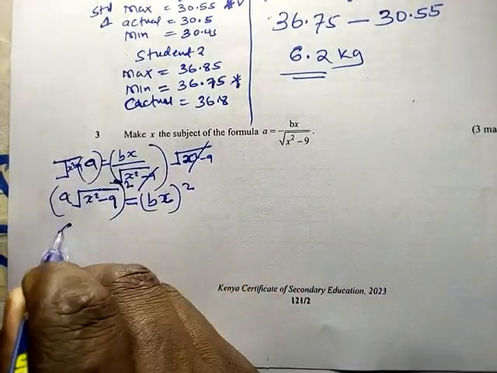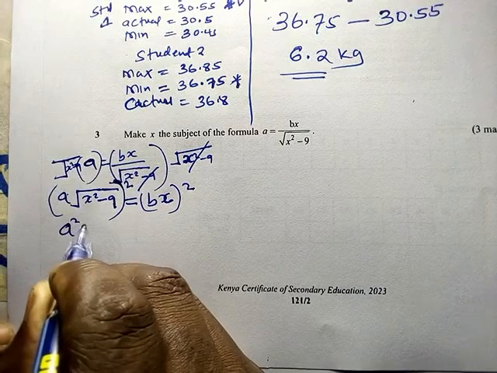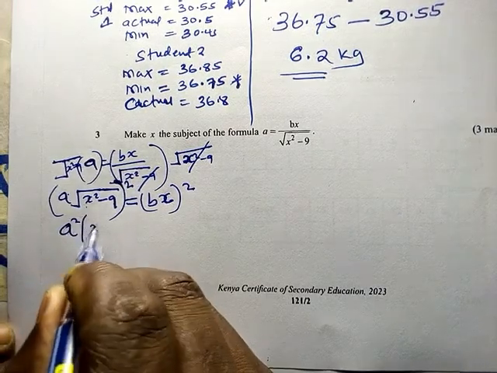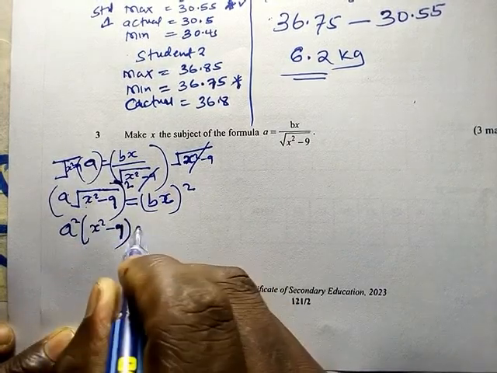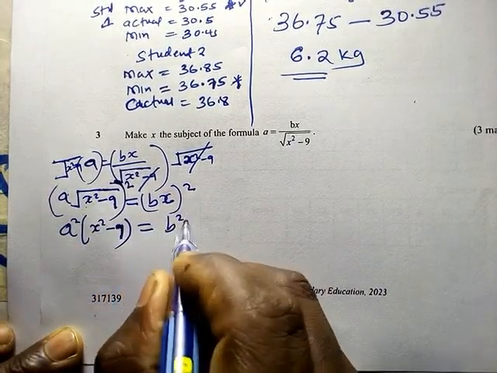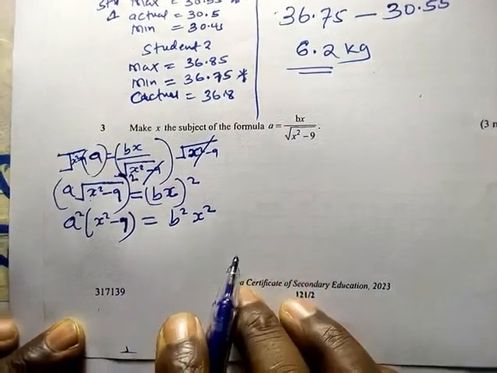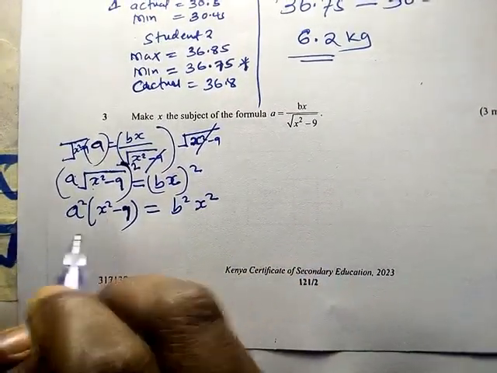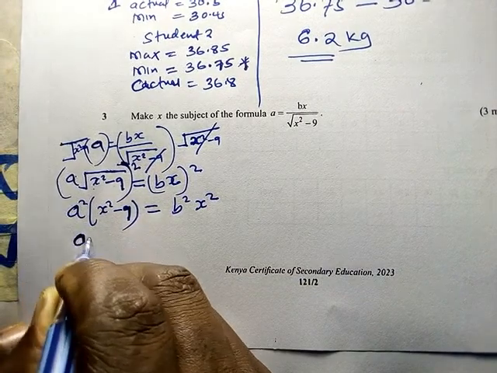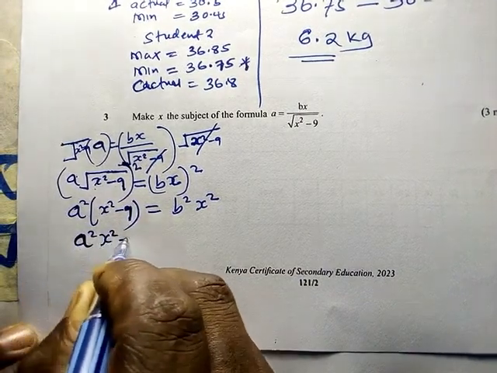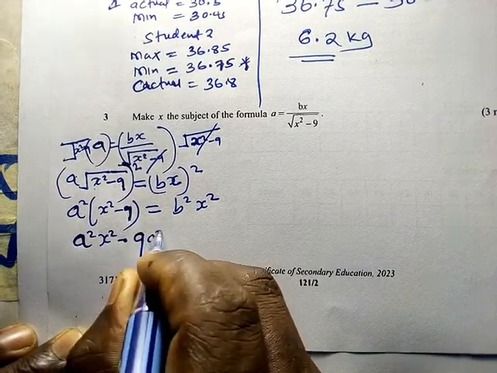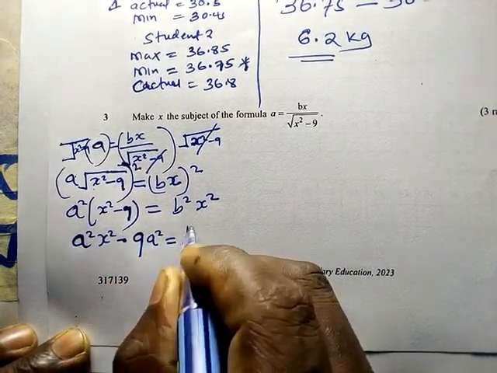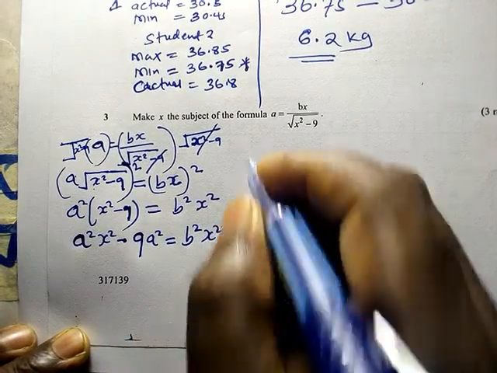So we will have a squared times x squared minus 9, without the square root now, which is equal to b squared x squared. So we can now open this bracket. We will have a squared x squared minus 9a squared is equal to b squared x squared.